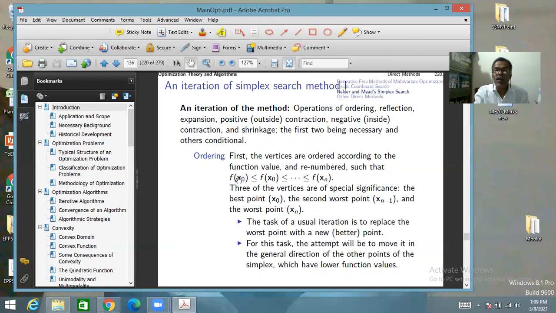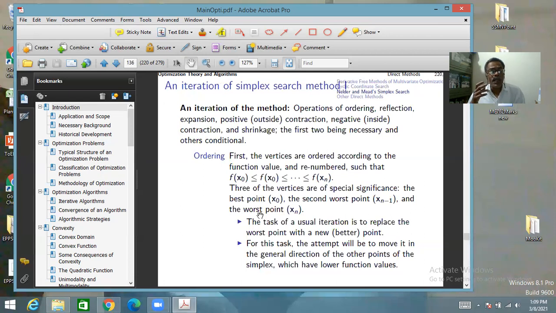Now, out of all these n plus 1 vertices, 3 of them are of special significance. One is the best, which is x0. The second is the worst, which is xn. And the third is the second worst, xn minus 1. So the best point, the second worst point, and the worst point are of special significance.